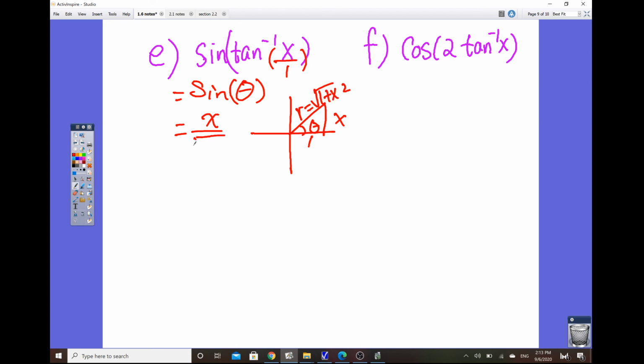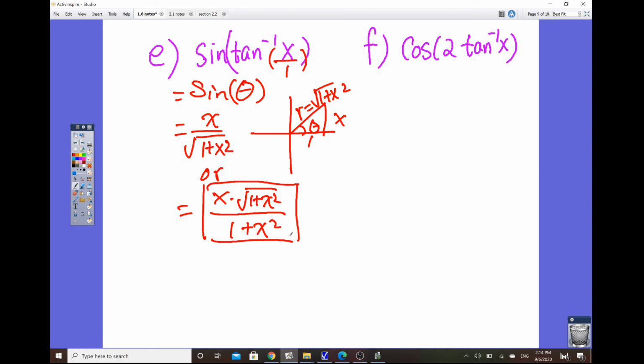So it's x over the square root of the quantity 1 plus x squared. For those wondering, do I need to rationalize it? It's up to you. You can just leave it like that, or you can rationalize it by multiplying the radical top and bottom. So x times square root of 1 plus x squared over 1 plus x squared. Okay? So sine, opposite over hypotenuse.